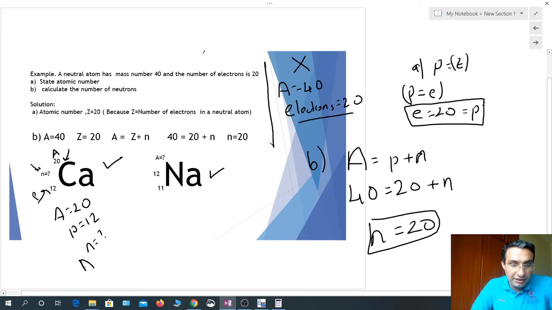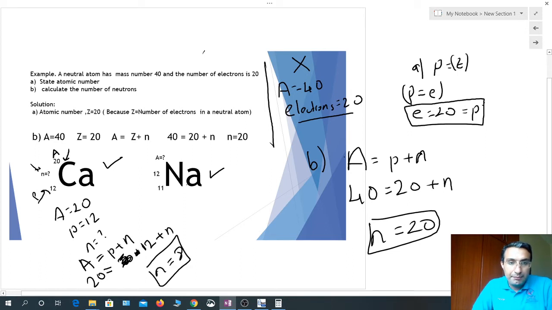According to the formula, A is equal to P plus N. So 20 is equal to 12 plus N, and N is equal to 8, okay.